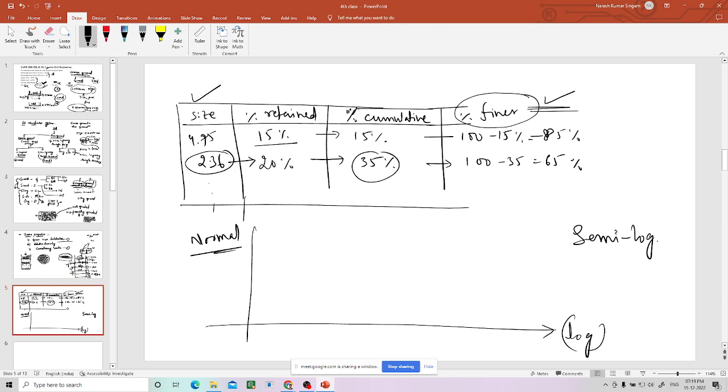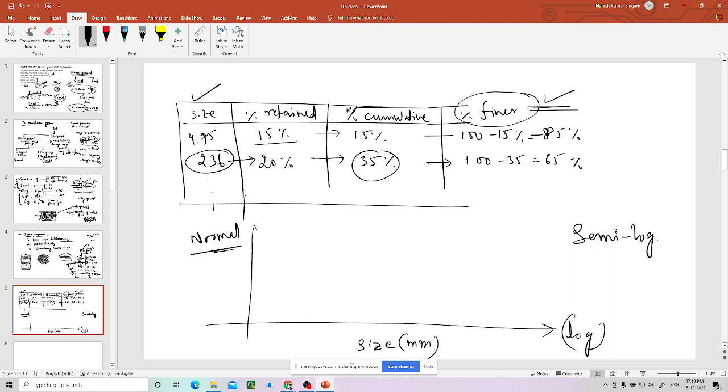In the semi log graph you take the size, in mm, on the x-axis, and on the y-axis you take the percentage finer. Then you draw the points, like suppose 4.75 at this point. What is the percentage finer? Suppose it is 85 here. That is one point. Then 2.36.